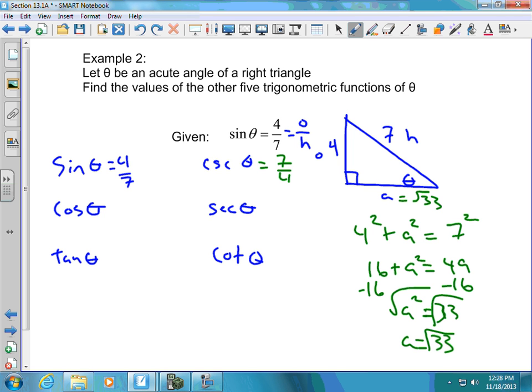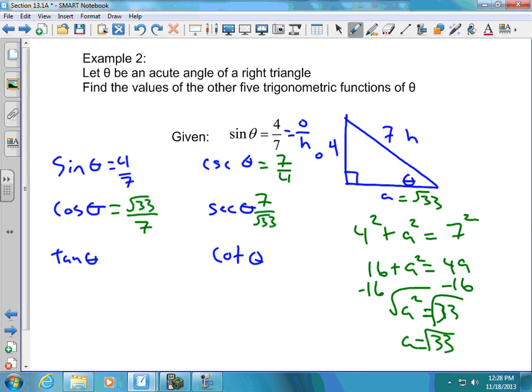Now, if we know that, then we can find cosine, tangent, secant, and cotangent. Cosine is adjacent over hypotenuse. That would be the square root of 33 over 7. And secant then would be 7 over the square root of 33. Now, the problem with this is you can't have square roots in the denominator.